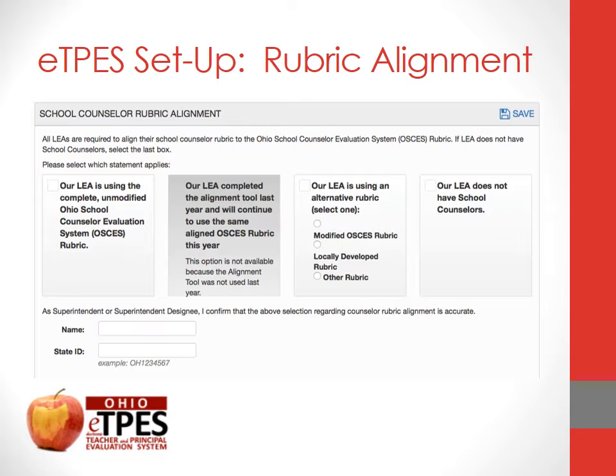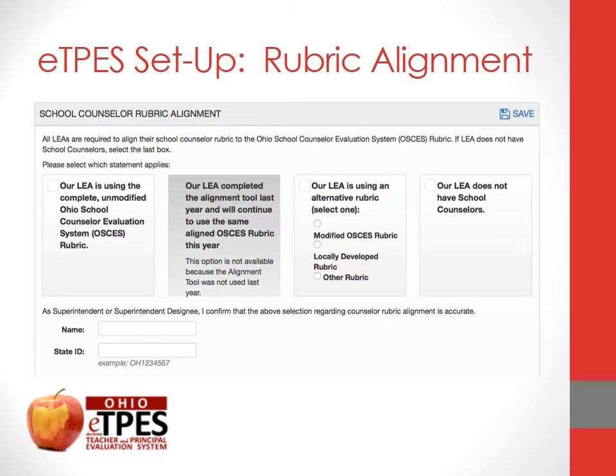But because this is the first year of implementation for the Ohio School Counselor Evaluation System, there is no choice for using a previously aligned rubric. If a district chooses to use an aligned rubric rather than the OSES rubric, the district will need to complete the alignment tool.